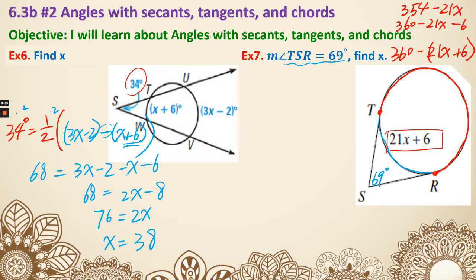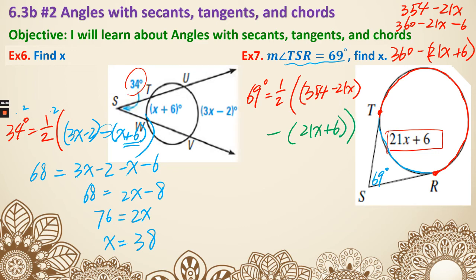There we go, that's my other arc. Now I can reuse the theorem. 69 degrees is the same as 1/2 of the bigger arc, which is 354 minus 21x inside parentheses, then minus the smaller arc, which is 21x plus 6.